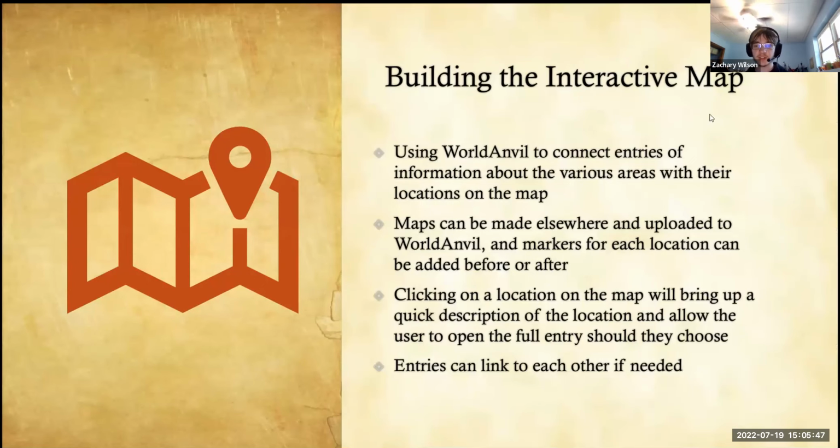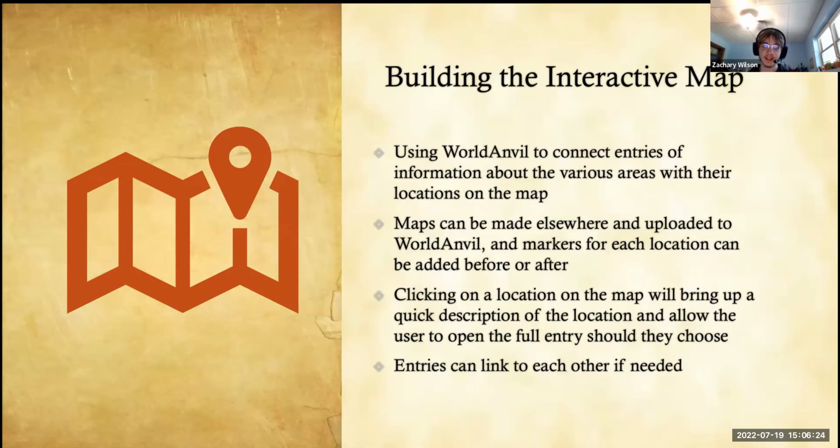So I mentioned I was going to talk about a map. The map portion of this project is I'm using a program called World Anvil to upload a map, write descriptions for each of the locations on that map, and then put little markers wherever they are, such that anybody that visits the site that this map will be on can click on each of these points, see descriptions for them, and then look at the full descriptions from there if it piques their interest.